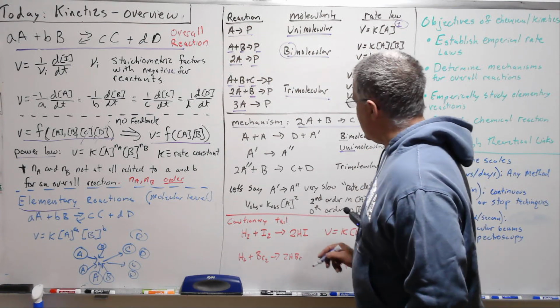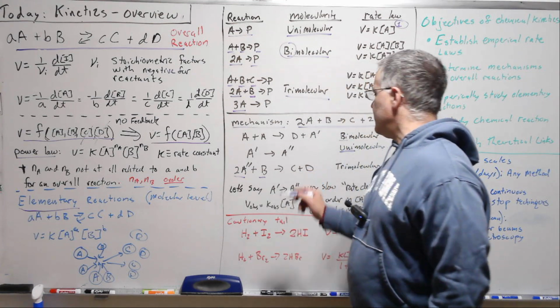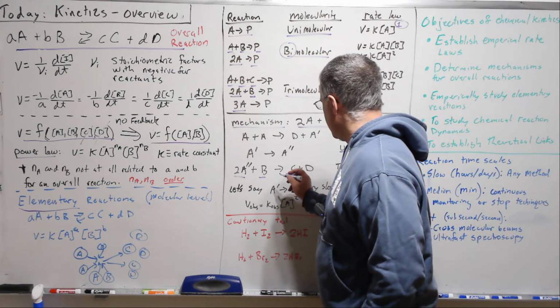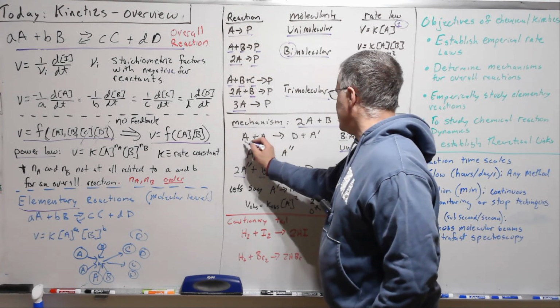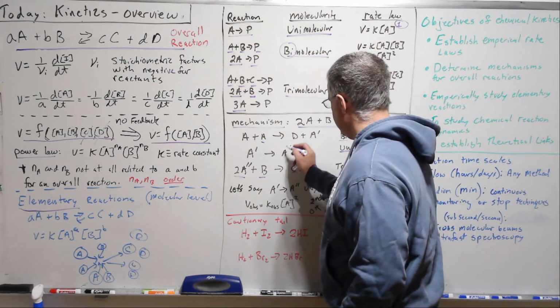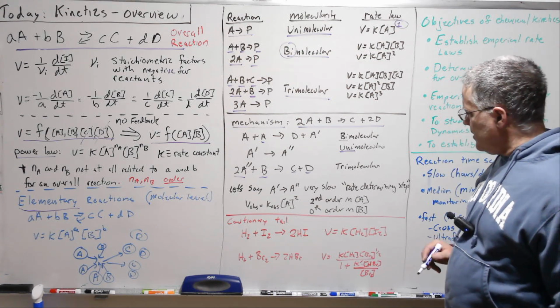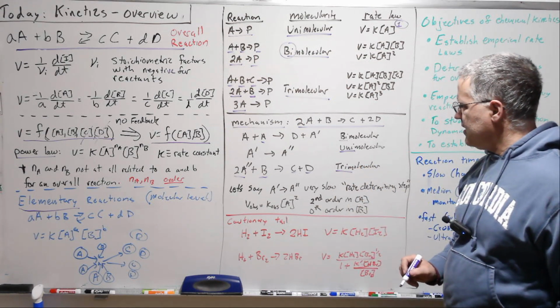And then we say that 2A plus B go to C and D. And that gives us finally the C and the D that we want, and the A and the B that we want. And we say this is trimolecular, let's say.